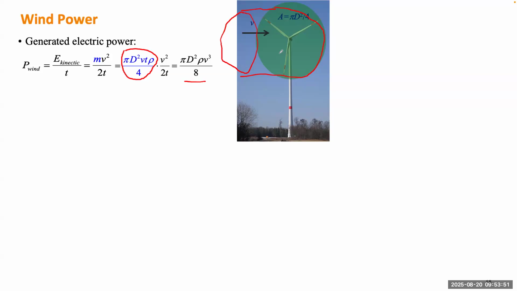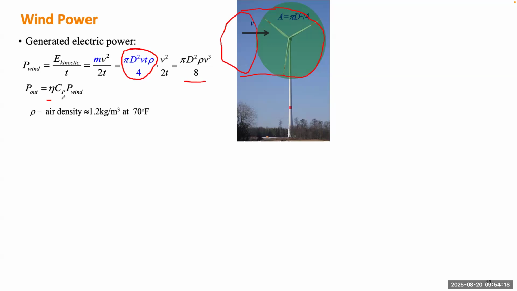So if we know the wind speed, we know the density, we know the dimension of the wind turbine, we know how much power is carried by the wind when the wind blows through this wind turbine. But we cannot fully utilize all the power to generate electricity because we have to consider some efficiency.